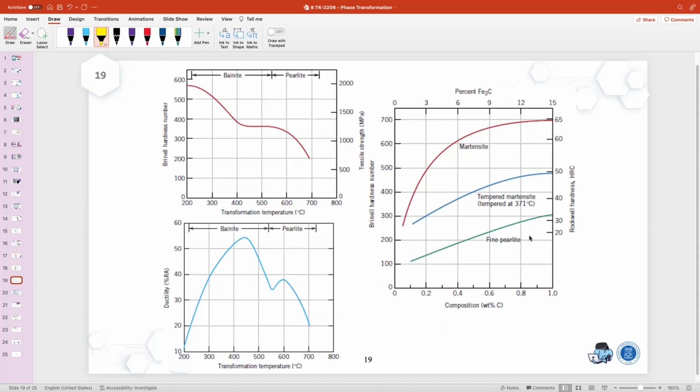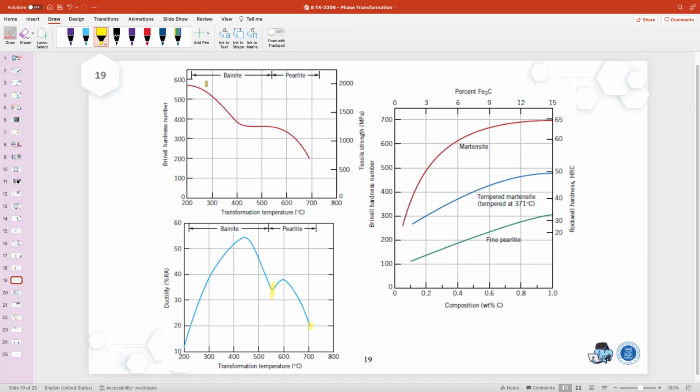Okay, and this one is the transformation temperature of the bainite and pearlite. How can we know whether the microstructure we want is pearlite or bainite? Pearlite forms from 700 down to around 540 degrees Celsius, while bainite forms from 540 down to around room temperature.